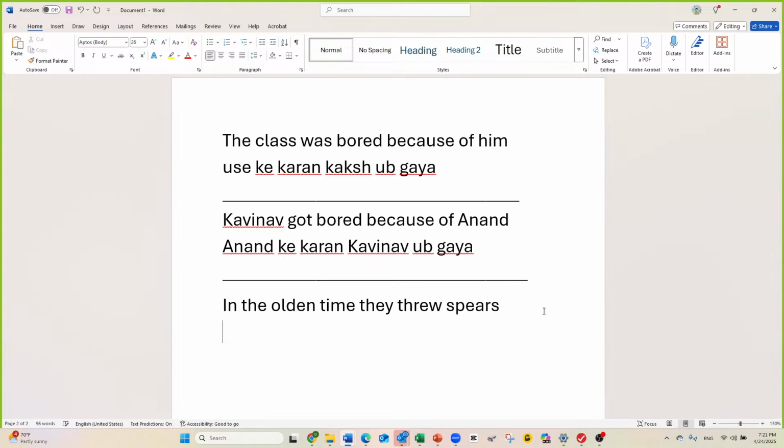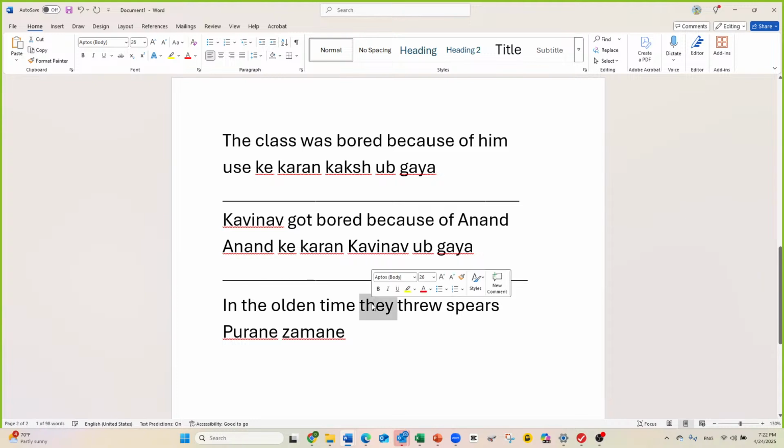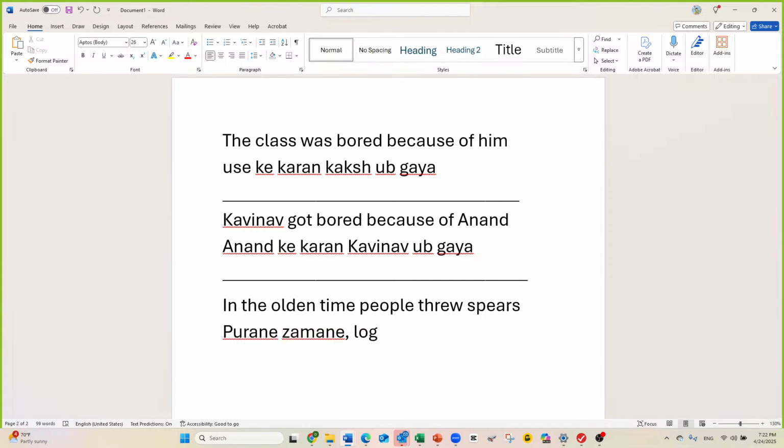So the Hindi word for old is purane. Okay, and olden times will become zamane. Now instead of they, I'll change it a little bit because it sounds better. People threw spears. So what is the Hindi word for people? लोग. Only log.